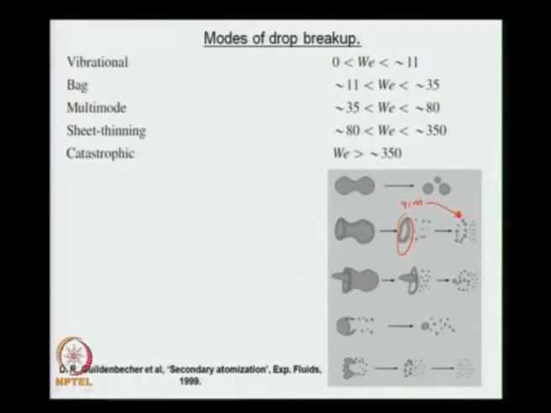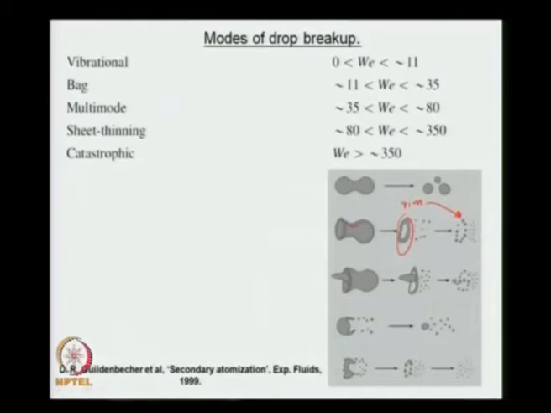So, you have two different physical phenomena impacting the final result in the case of the bag breakup process. One, the sheet, this liquid sheet breaking up to give these fine fragments, and then the rim breaking up to give you the larger drops.